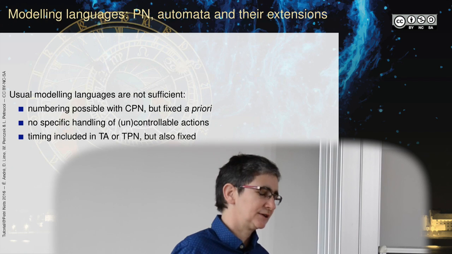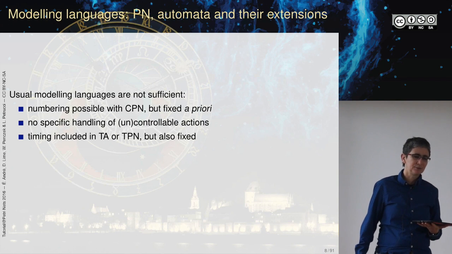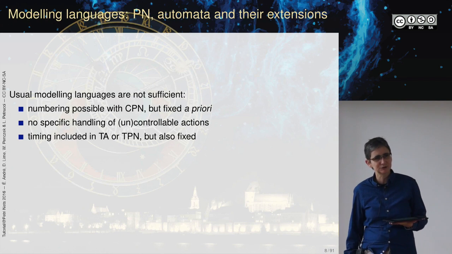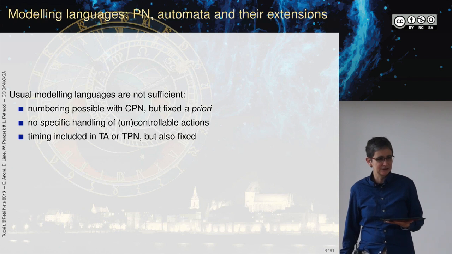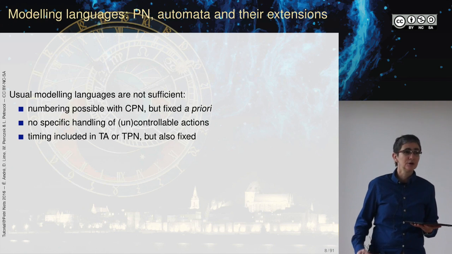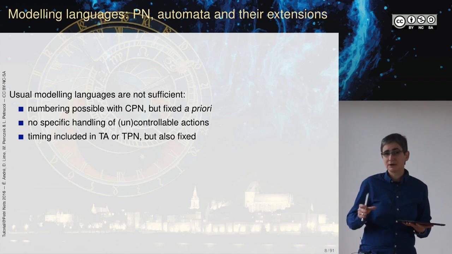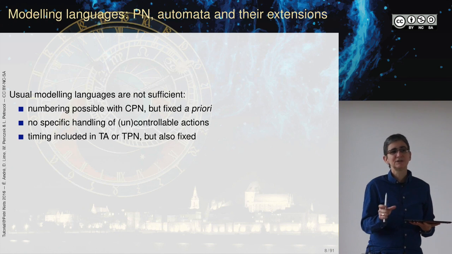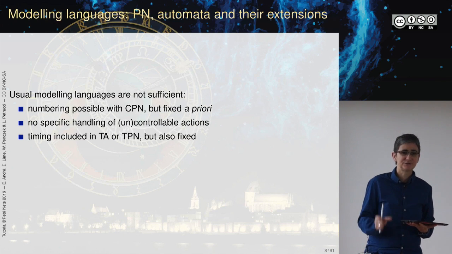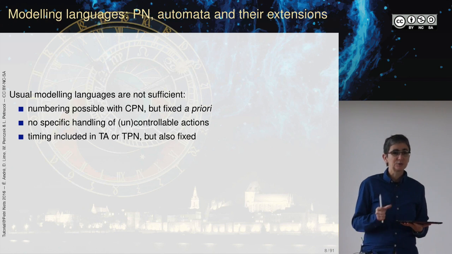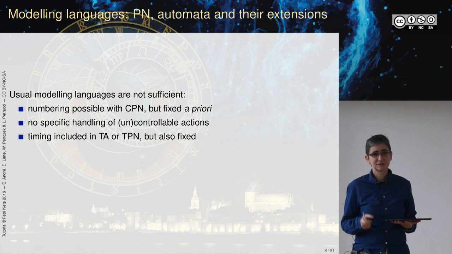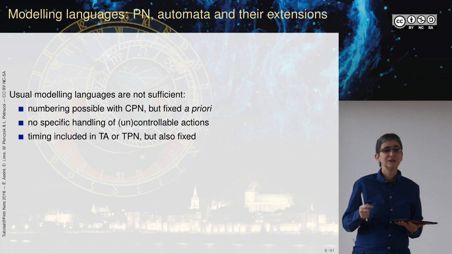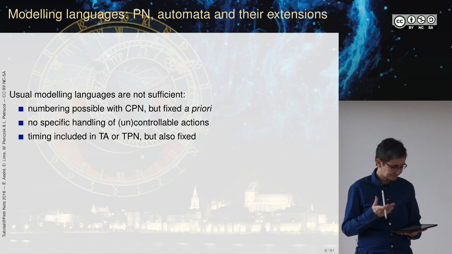And for timing, for example, what is included in timed automata or time Petri nets is also fixed. So you can say, well, I will find that a transition or some action will happen within that time frame, but the time frame is to be fixed at the beginning. What we'll be interested in here is not to fix this time frame, but to deduce what it should be.